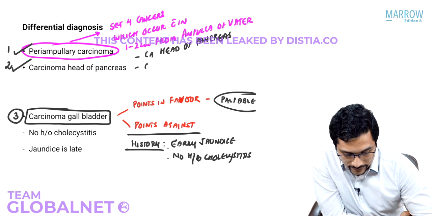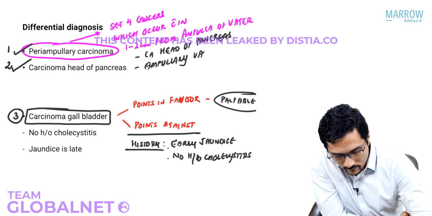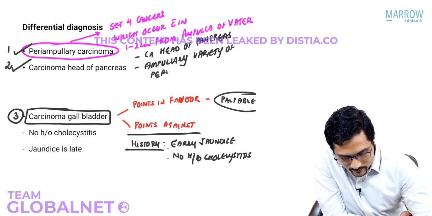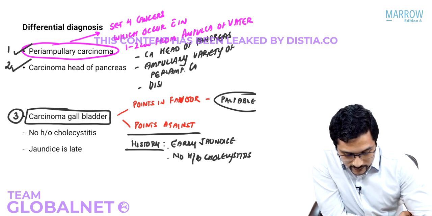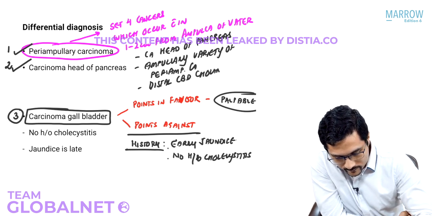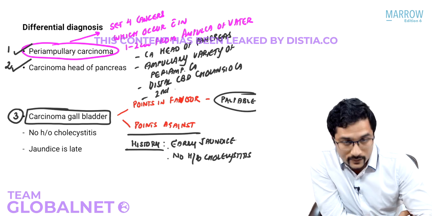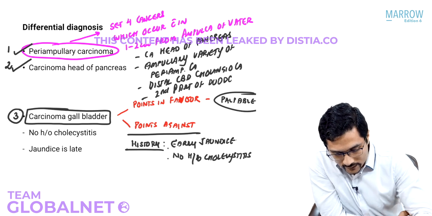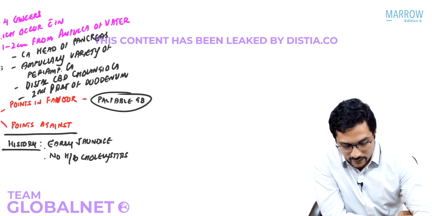Then you have the ampullary variety of periampullary carcinoma, distal CBD cholangiocarcinoma, and carcinoma of the second part of the duodenum. So these are the 4 cancers which fall under the gamut of periampullary carcinomas.